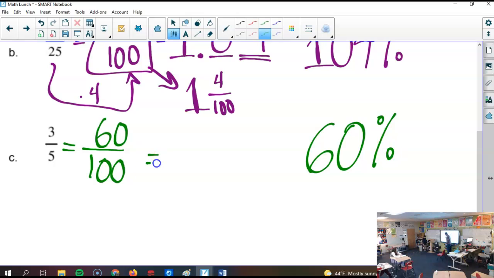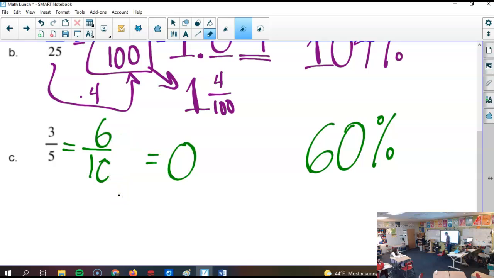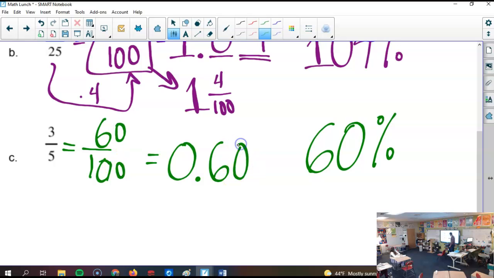But when I go to write the decimal, I could have just used 6/10. Right? Because 6/10, 0.6. But guys, what if I use 60 hundredths? It's the same thing. Because this 0 actually doesn't matter because it's at the end. Zeros that are at the end doesn't actually matter.